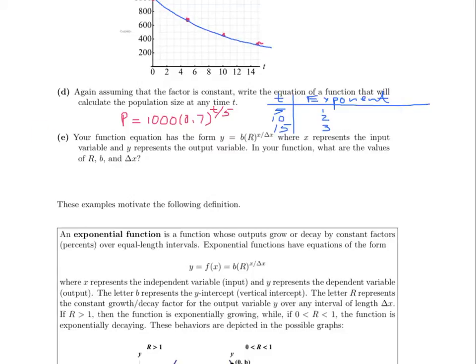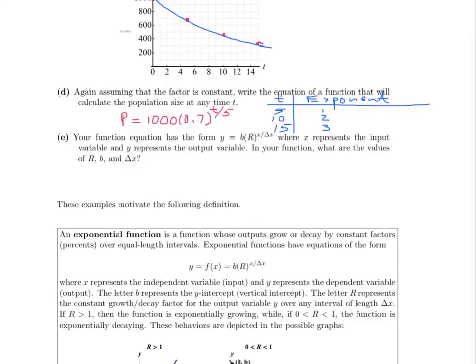Let's look at part E. Your function equation above again has this same form. We saw this in the first example, we're seeing it again, where x represents the input variable, y represents the output variable. In this function, what are the values of r, b, and delta x?